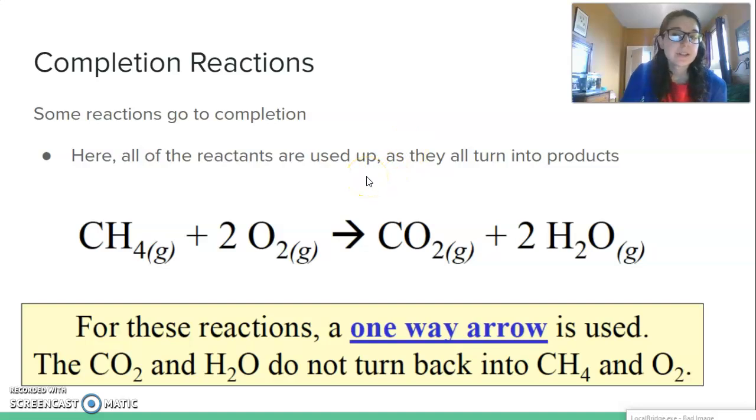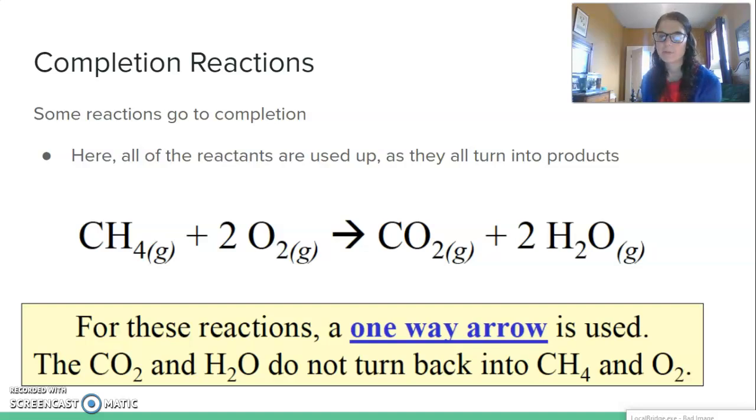So some reactions do go to completion. Not all have that back and forth arrow. Typically with strong acids, we might have a little bit of a reverse reaction going on, but overall we have a pretty strong one-way reaction. Another is with the burning combustion of like methane, CH4.